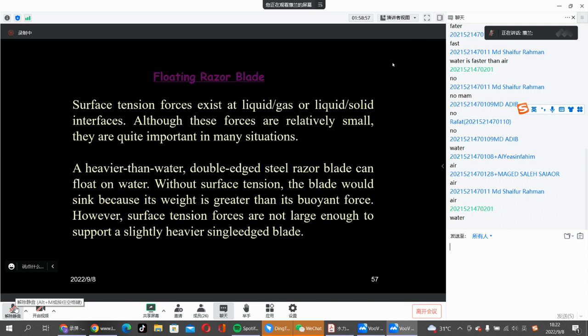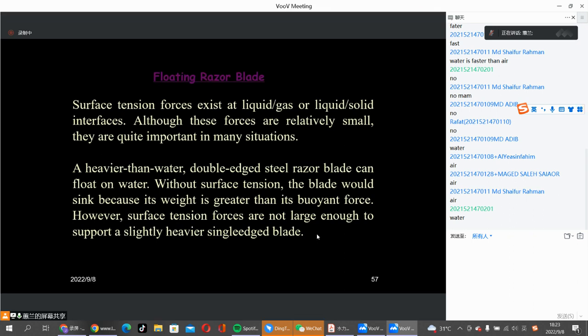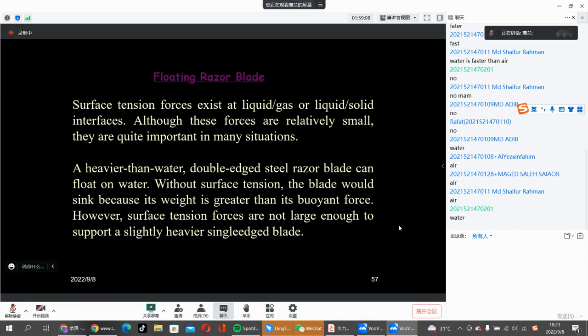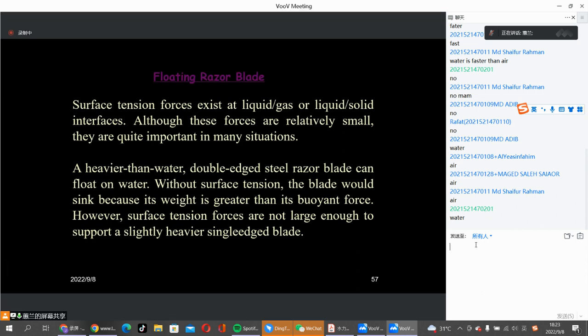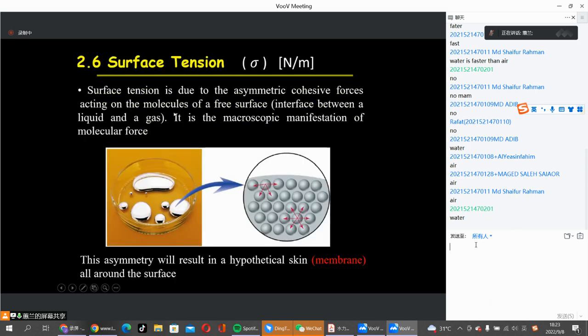If we draw the free body diagram, you will see the buoyancy force and the weight, and it is supposed to sink, but however, it is floating because of the surface tension force. So what is the surface tension force?